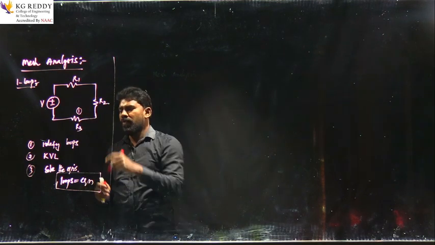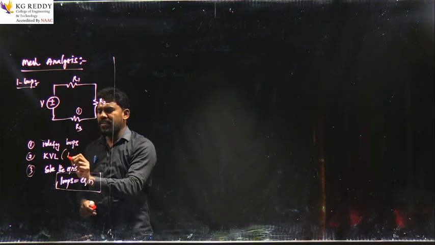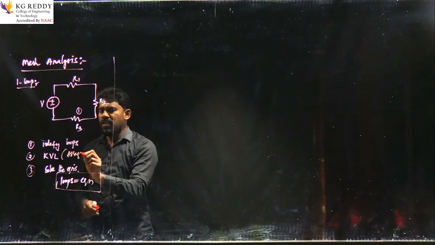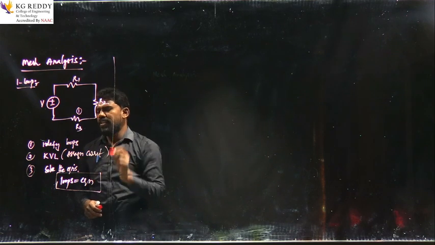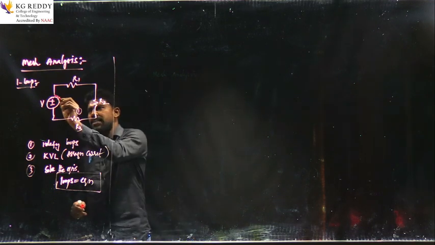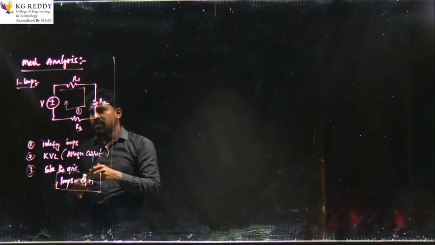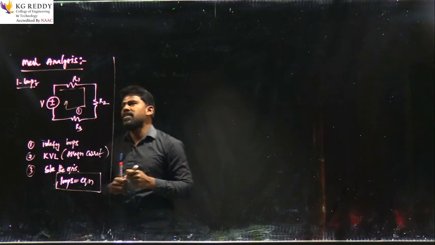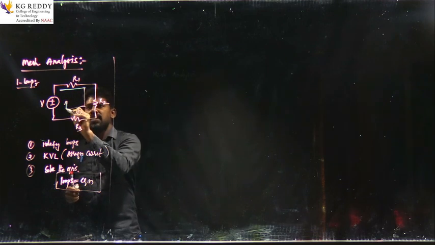Next, we have to assign the current direction and apply Kirchhoff voltage law. This is the active element voltage, and this is the direction of the current. The current is delivered from the voltage source and flows this way.